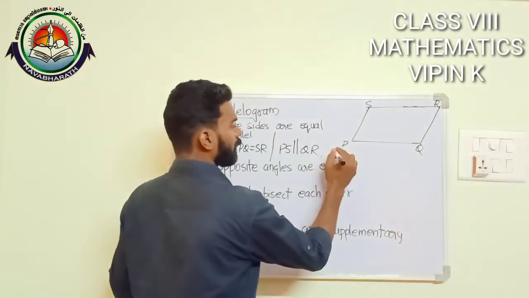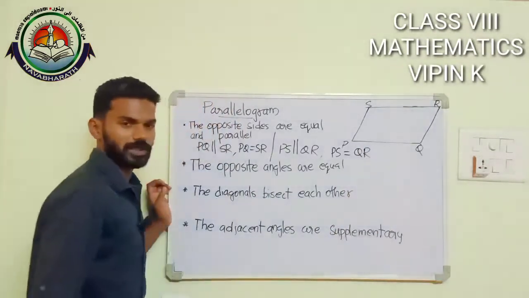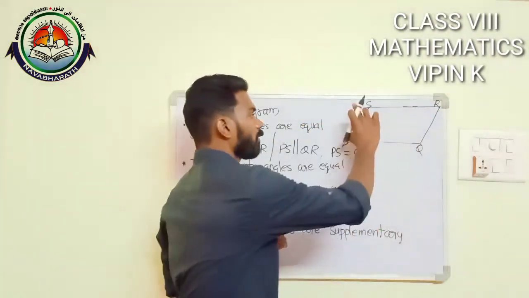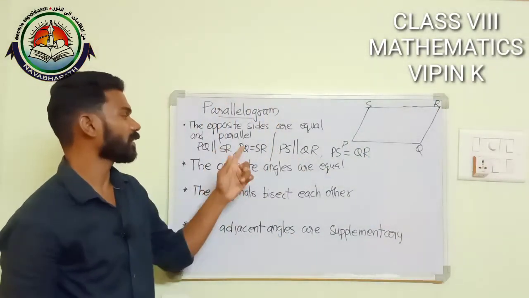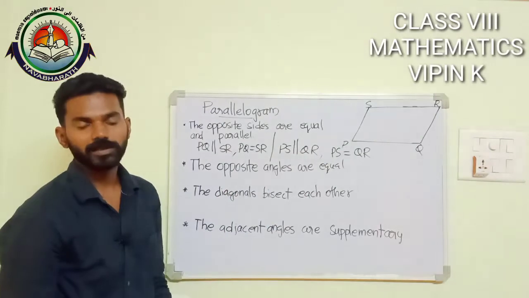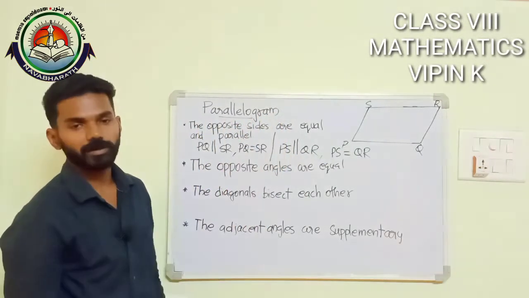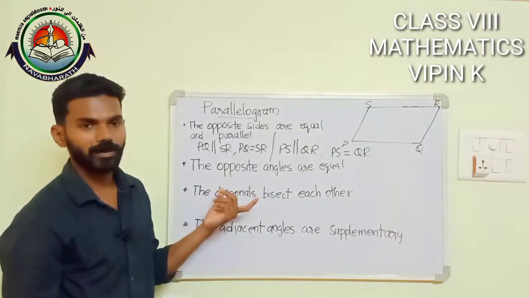So PS would also be equal to QR, which means the two pairs of opposite sides are parallel as well as equal. Then such a quadrilateral formed is a parallelogram. Clear?